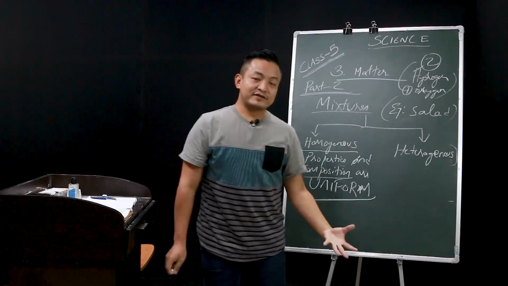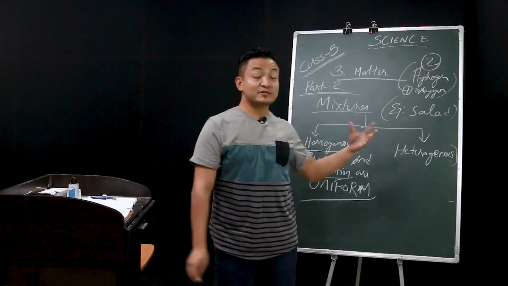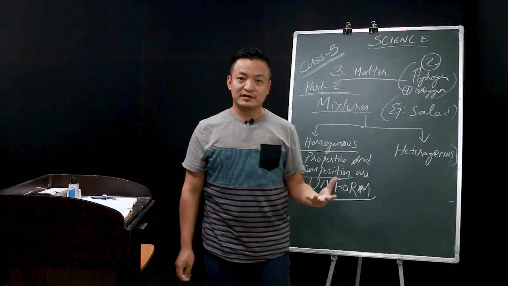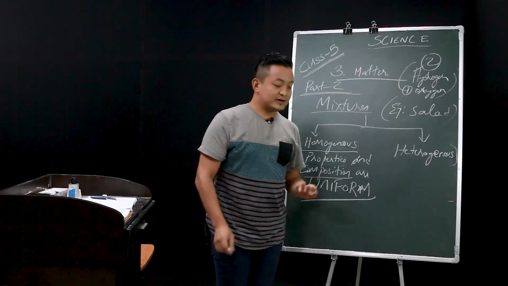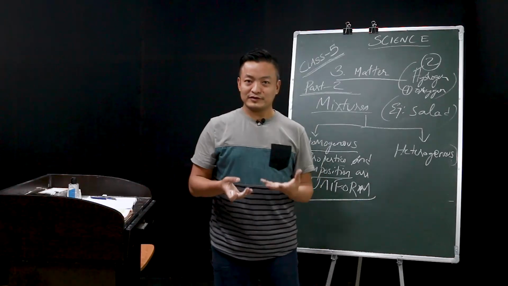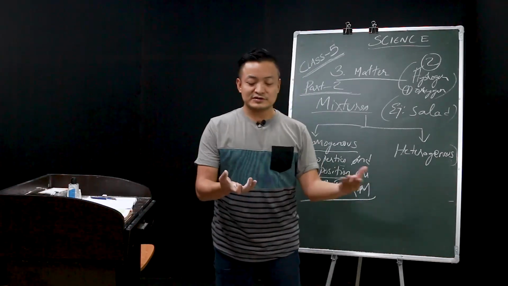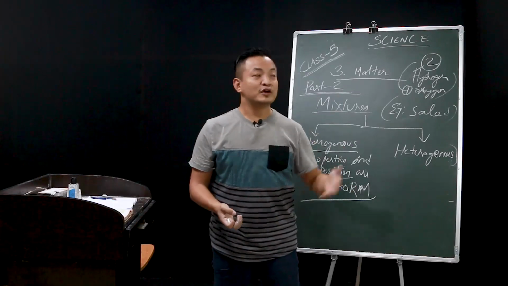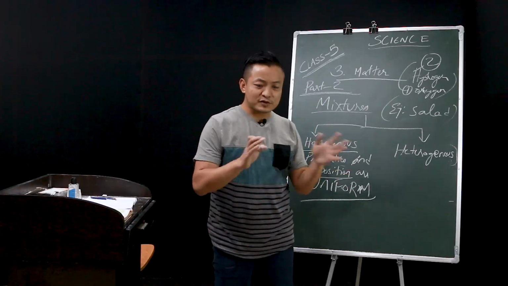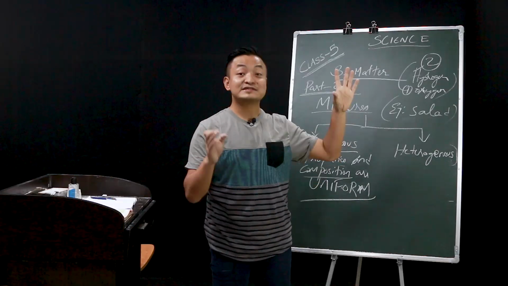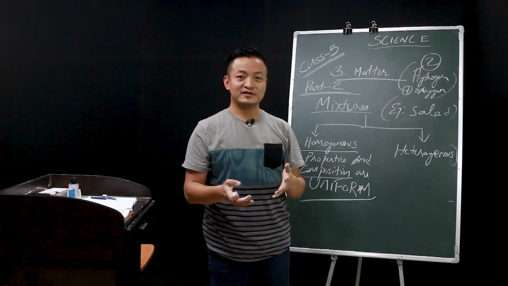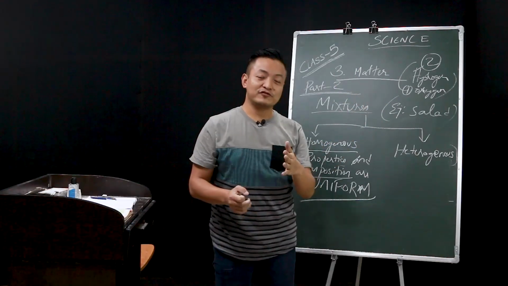I'll give you an example. In science, you learn better by examples. You all know salt, right? Let's take water. If you dissolve some salt in water, will you be able to identify which one is salt and which one is water? It's the same, you can't differentiate. In that way it is uniform.